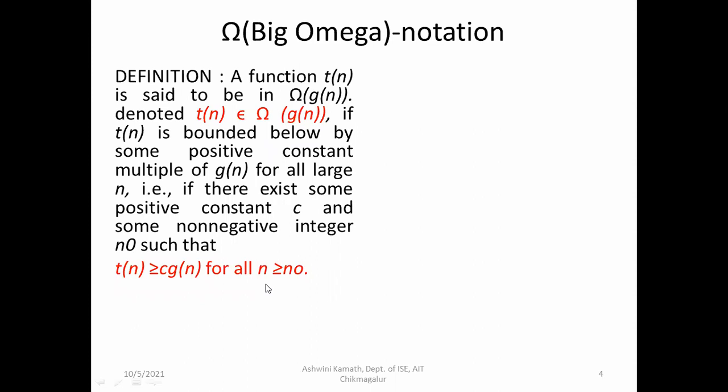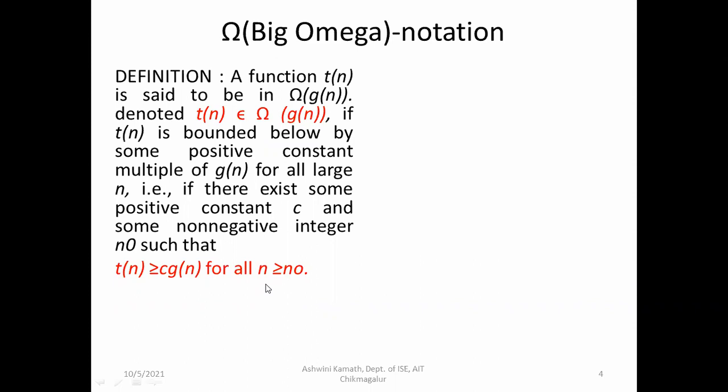So T of n must have a larger order of growth than g of n. That's why the symbol is greater than or equal to.